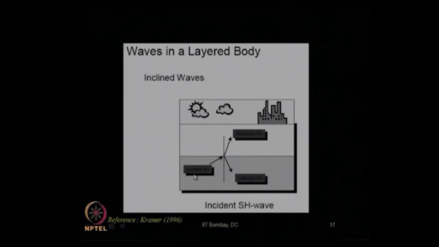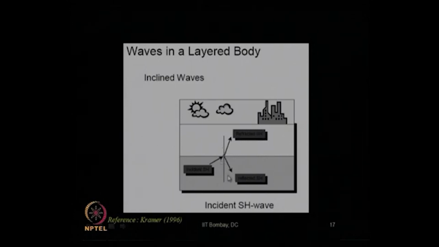Whereas, when an inclined SH wave as an incident wave intersects between the two materials, it becomes only a reflected SH wave and a refracted or transmitted SH wave. There is no formation of P wave. Why?